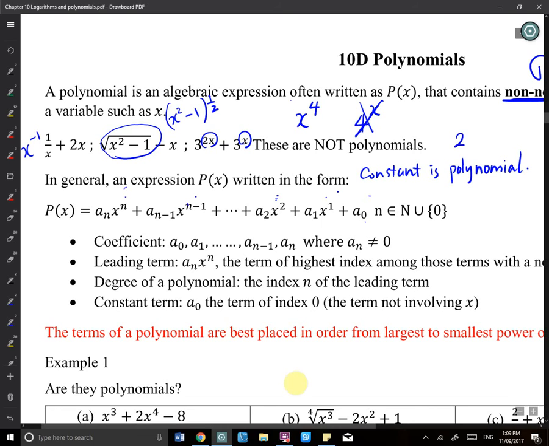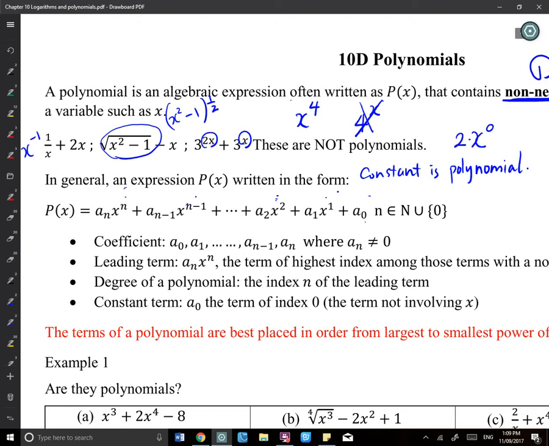For example, 2. I can say that's 2 times x to the power of 0. That's a 0 power. I just said non-negative, but I didn't say 0 can't be. 0 power can be a polynomial. So constant is a polynomial as well.